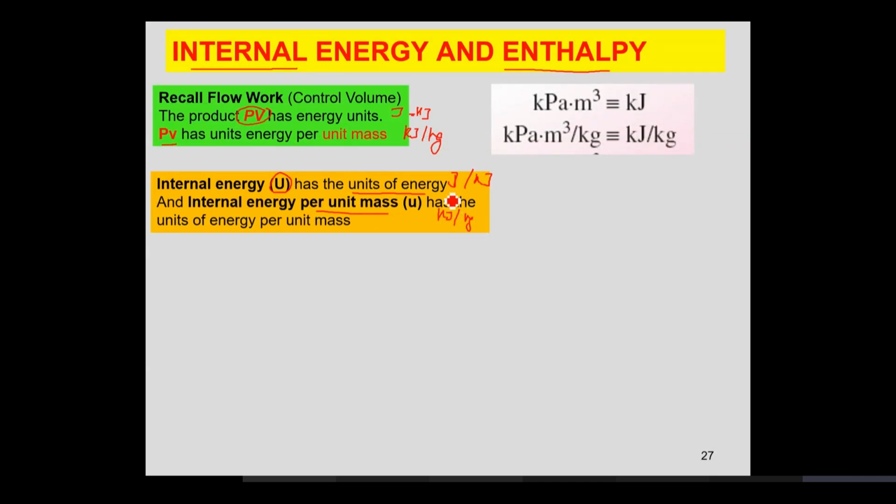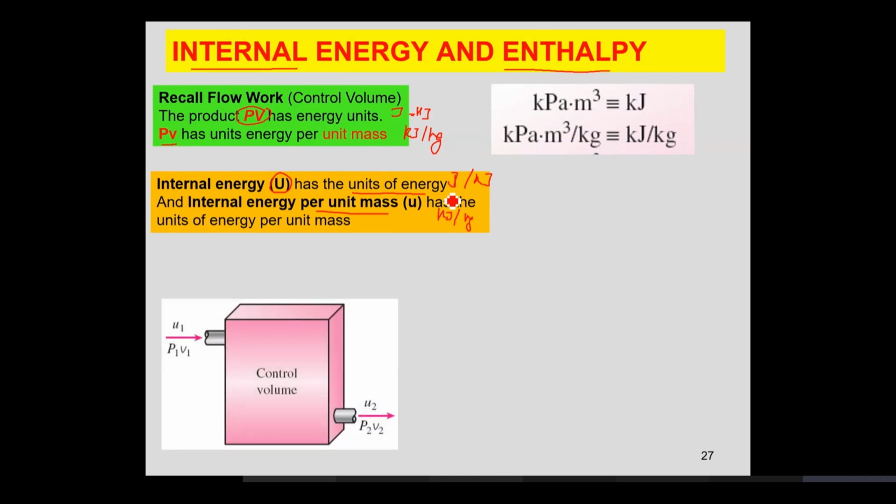Now, whenever a fluid is entering into a control volume, it actually has these components. It has its own internal energy, and it has its own flow energy. Similarly, when it is flowing out of the control volume, it would have the internal energy plus the flow energy.